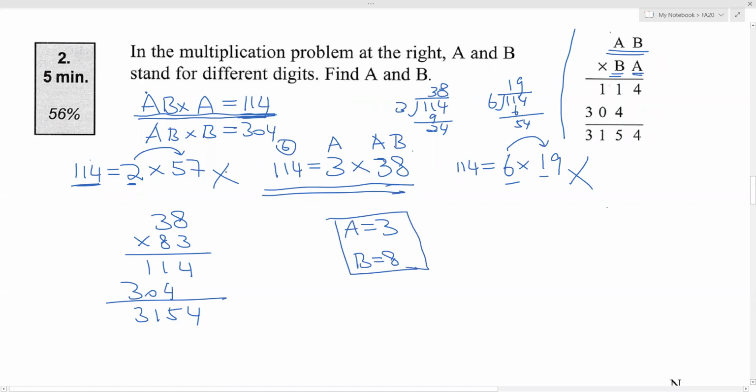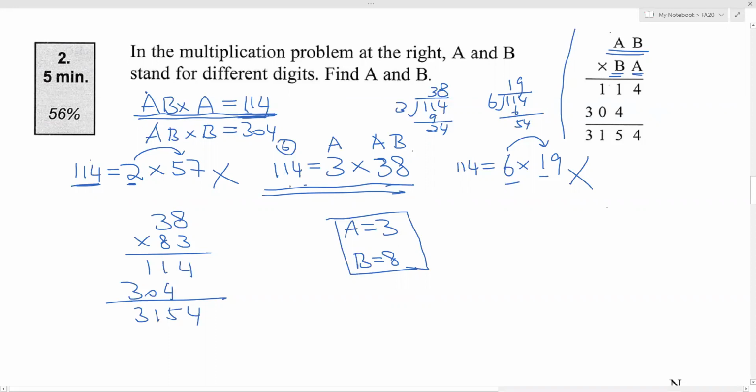So again, I want to review what we did. We observed this long formula, and then we said AB times A equals 114, AB times B equals 304. We want to work with a smaller number rather than a bigger number. So we factorize 114 into 2 numbers, one single digit and one double digit, and the single digit number should also appear at the tens place of the double digit number.